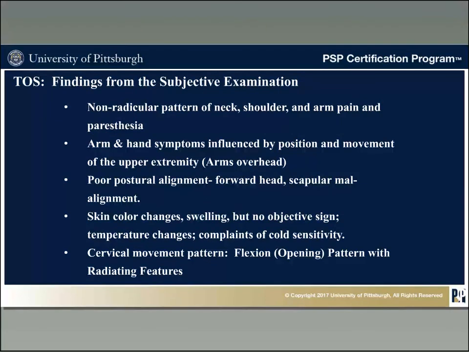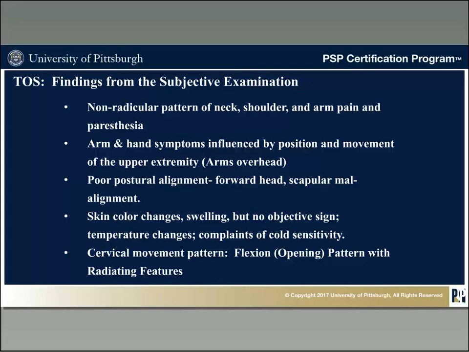From the subjective examination, what our patients may report are some of the following items listed on this slide. In many respects, what we'll see from the patient is a complaint of arm symptoms, oftentimes in the C8, T1, or ulnar nerve type distribution.